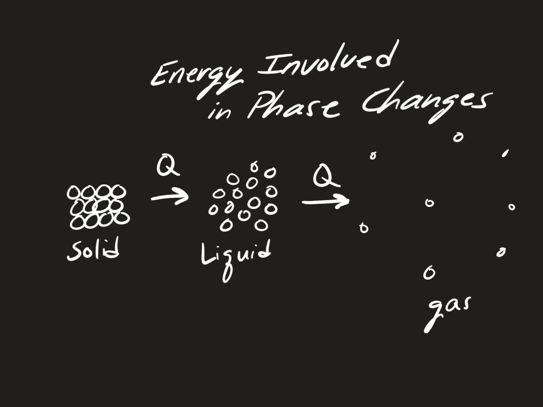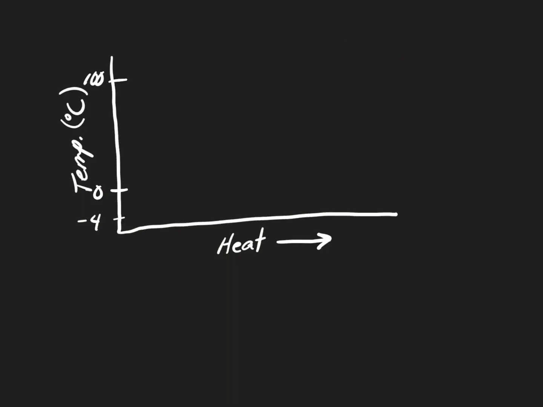And while we were doing this, we were taking temperature readings the entire time. What I'm going to do now is show you a graph like I showed you in class when the instrument was taking readings. It automatically created a graph, and I showed you that graph. I'm going to recreate that graph now in a drawing. All right, guys, I'm drawing a graph that we actually saw in class.